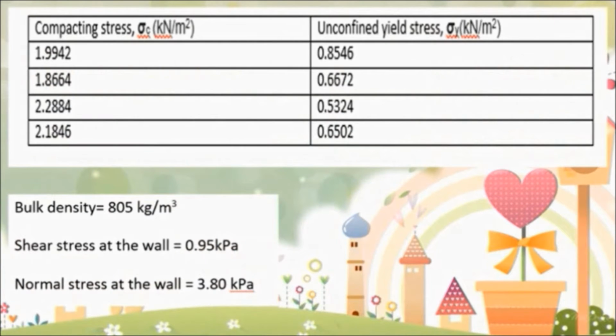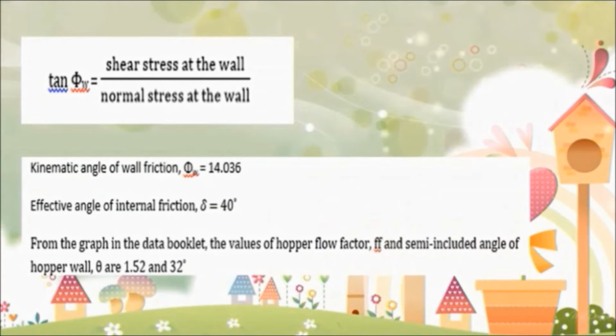All the properties and values such as compacting stress, unconfined yield stress, bulk density, shear stress at the wall, normal stress at the wall, and effective angle of internal friction that we use to calculate the minimum outlet dimension are from references.